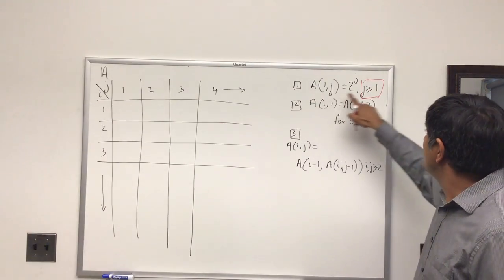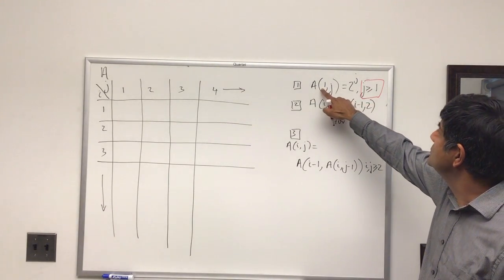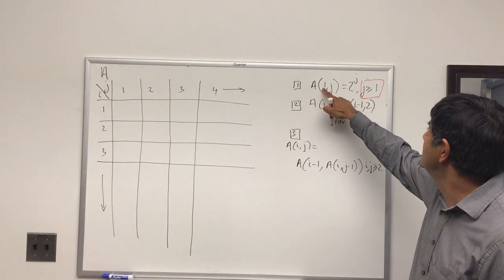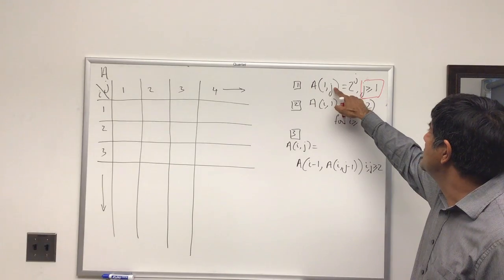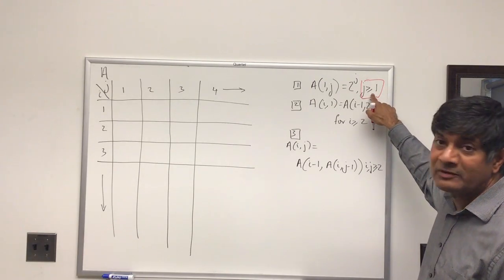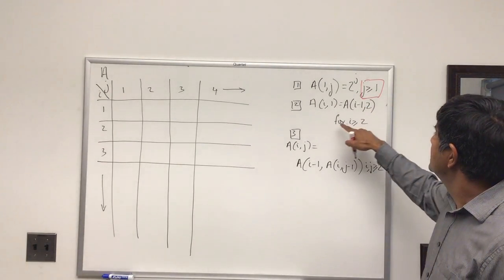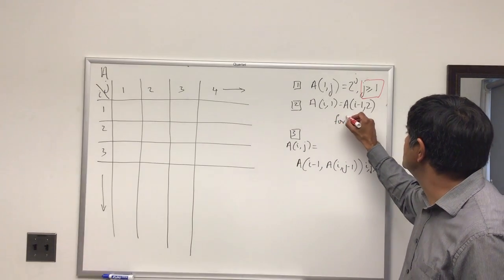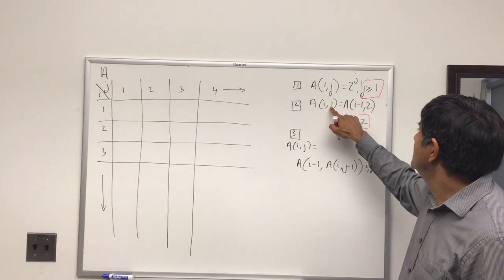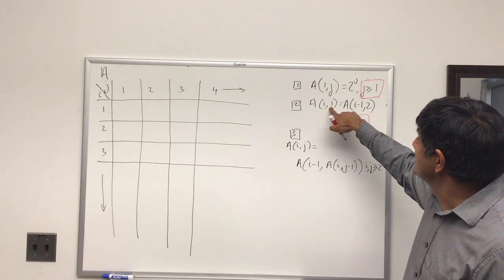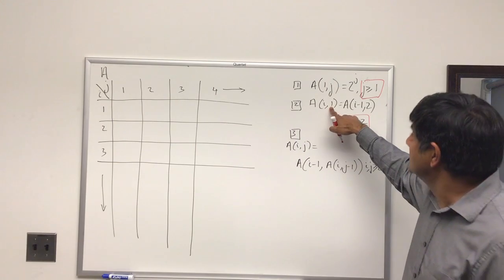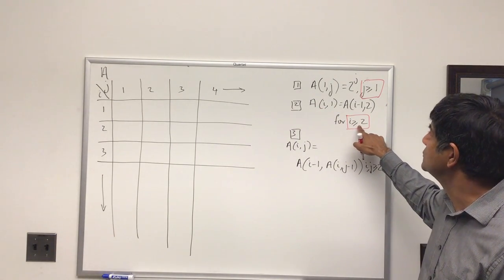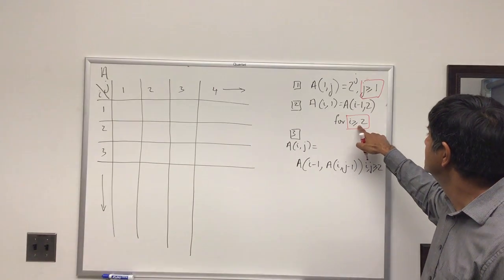So equation 1 is used when the first variable is 1 and j is any value that is 1 or greater, okay? The second version of this is used when the second term here is 1 and the first is any value of I that is 2 or more, okay?